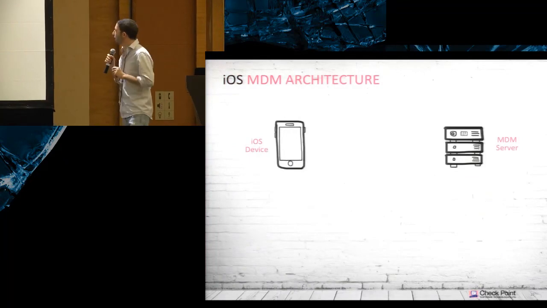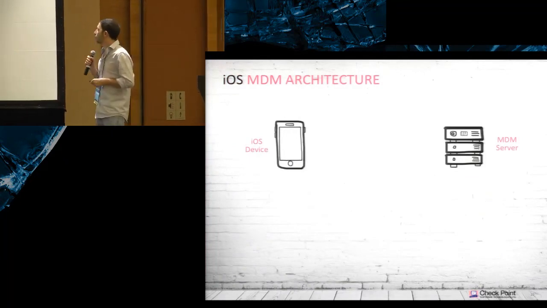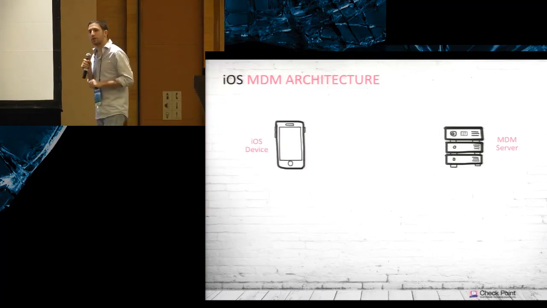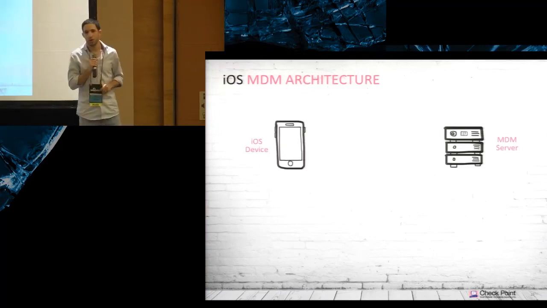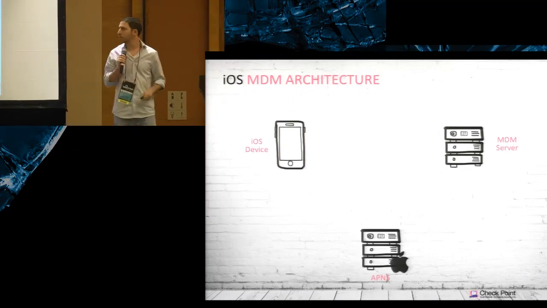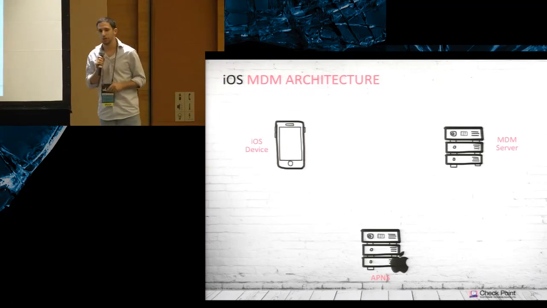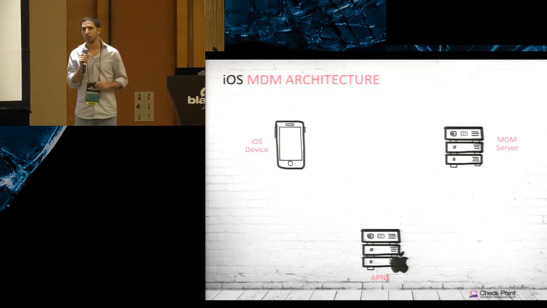So let's talk now a bit about the architecture of the MDM. An MDM server cannot initiate a connection to an iOS device. It must go at first through APNS, the Apple Push Notification Server. This is a server which is owned by Apple.